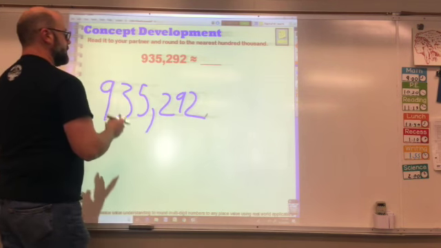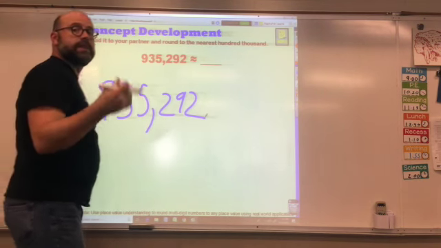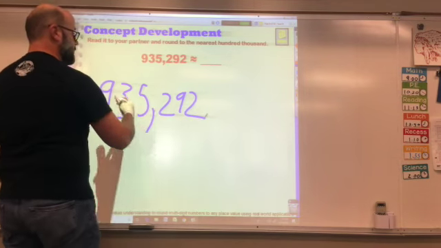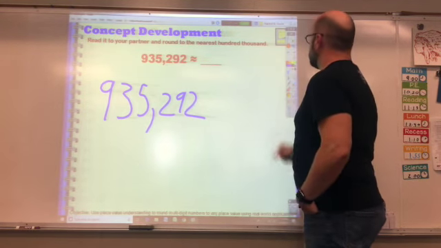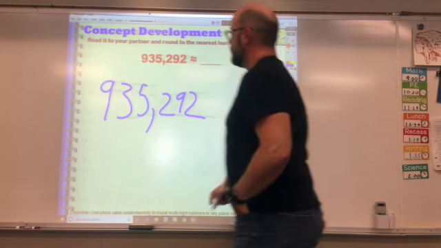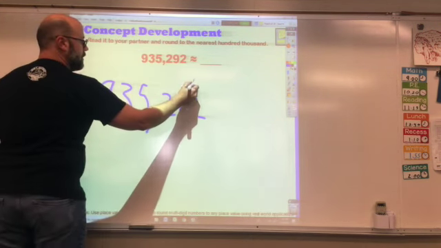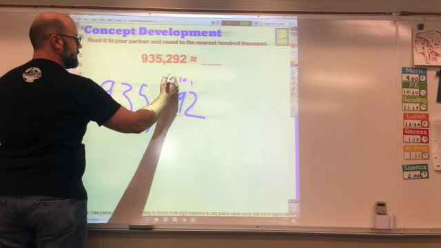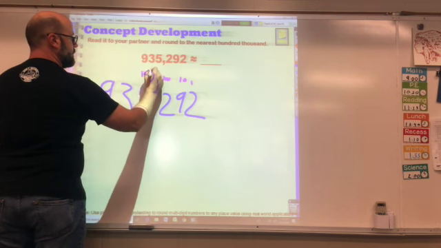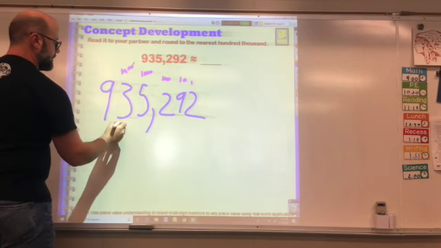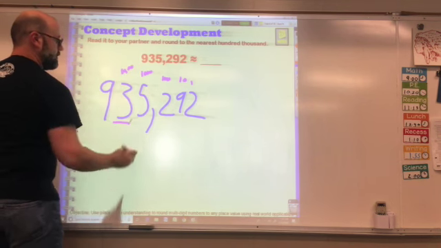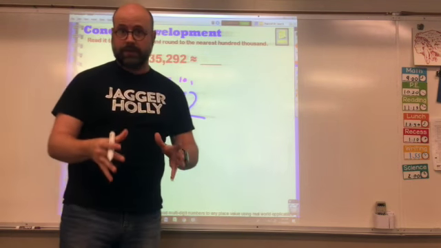Okay, we're gonna round this one to the nearest 10,000. What number is in the 10,000 spot? Let me get a different color here. I always find that helps. Purple again. Well, ones, tens, hundreds, thousands, 10,000. Okay, so in my 10,000 spot, I have a 3. Look to the number to the right of it.